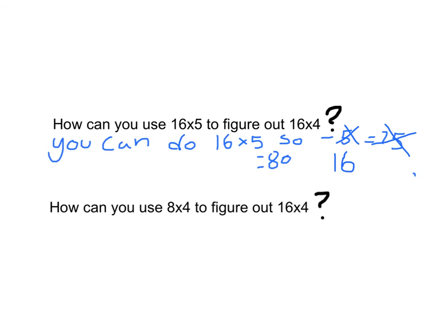Now we still need an operation though. We don't have an equal sign, so you gotta put those in. What goes there in between the 80 and the 16? Minus.